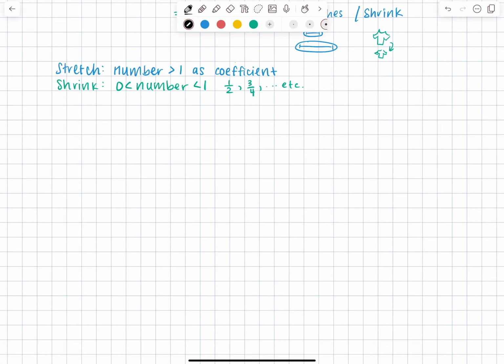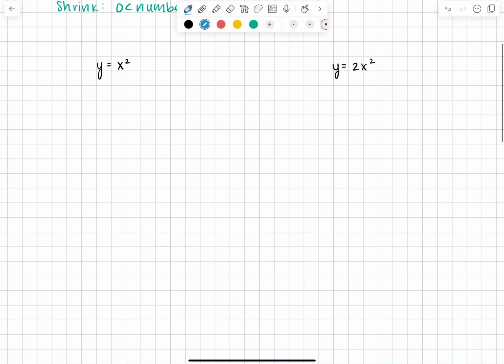Let's say we had y equals 2x squared. And then let's do this here. y equals x squared, and then y equals 2x squared. So looking at the equation over here on the left, this is our parent function for a quadratic function.